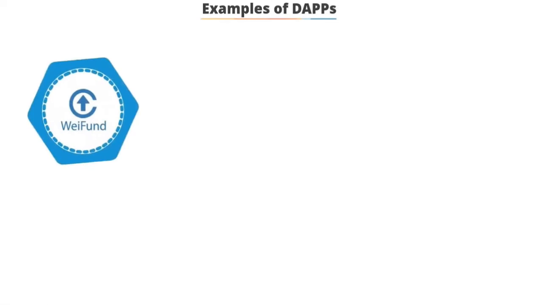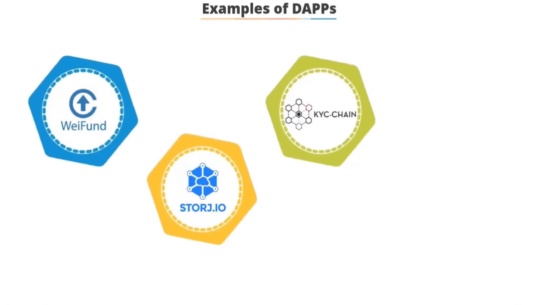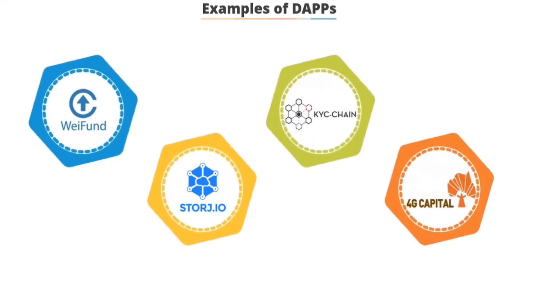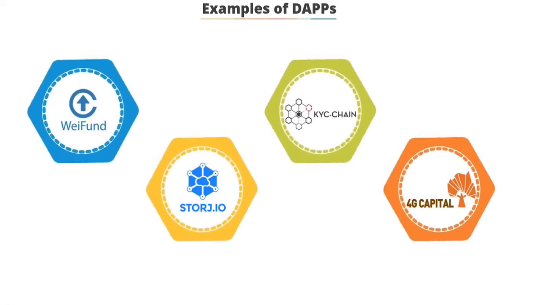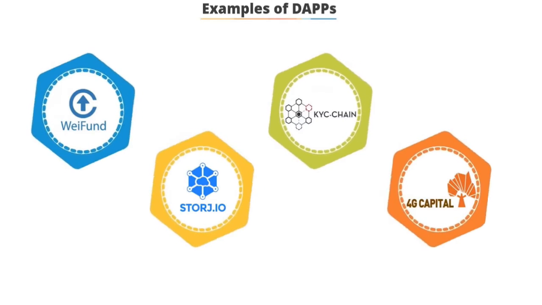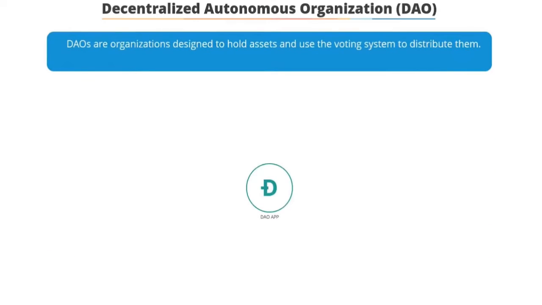Examples of dApps. Some of the known examples of dApps include WeFund, Storage, KYC Chain, and 4G Capital. These companies have developed different applications using blockchain. Next, we have the DAOs. DAOs are organizations designed to hold assets and use the voting system to distribute them.